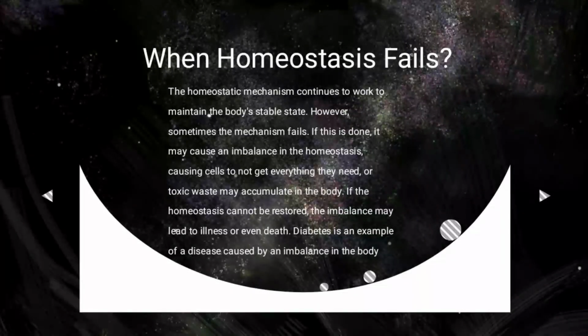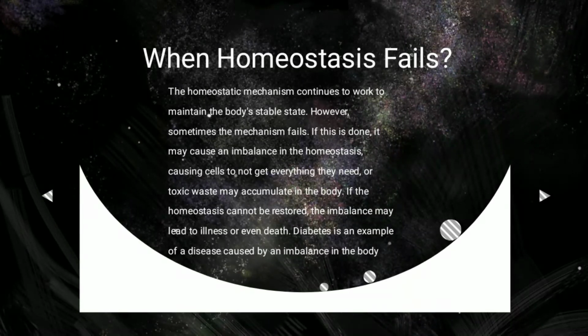Here, when homeostasis fails, homeostatic mechanisms continue to work to maintain the body's stable state. However, sometimes mechanisms fail. If this happens, it can cause an imbalance of homeostasis, causing the cells to not get everything they need, or toxic waste may accumulate in the body.